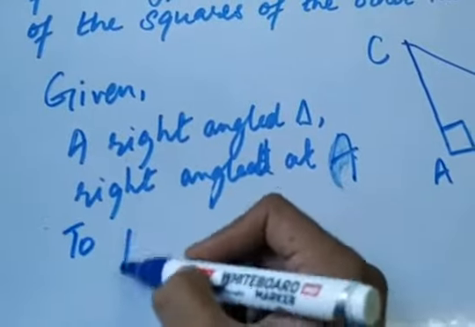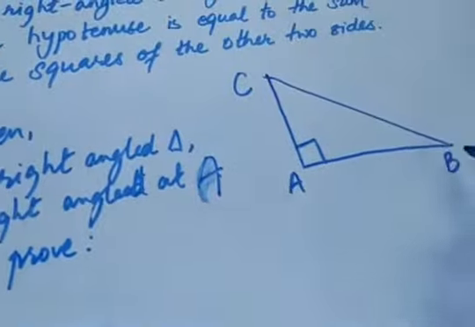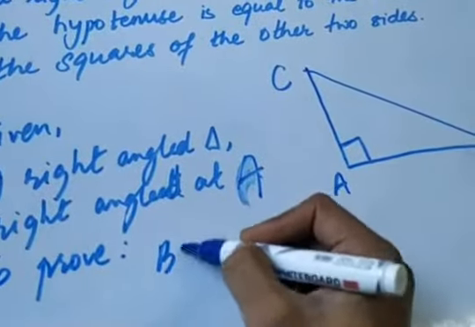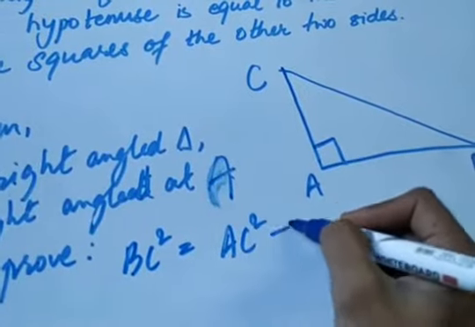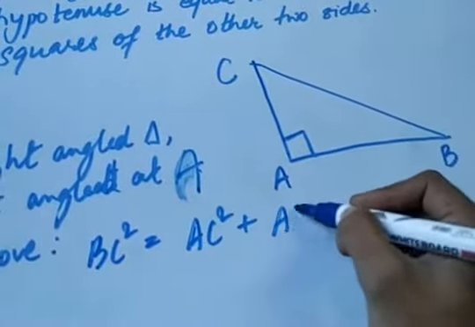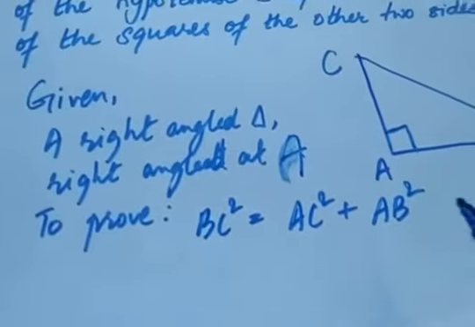To prove, you know what is your hypotenuse here, BC square. So we have BC square is equals to perpendicular AC square plus AB square. So this is what is your Pythagoras theorem, and this is what you need to prove at the end.